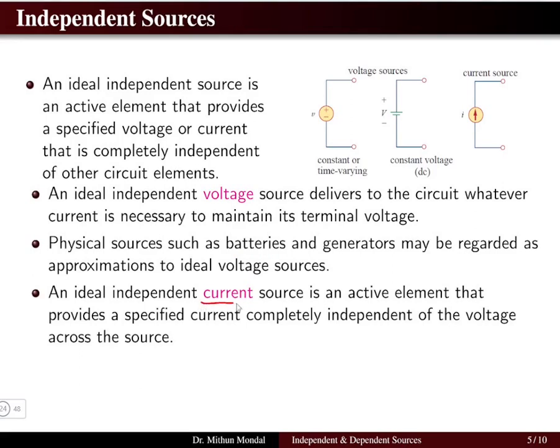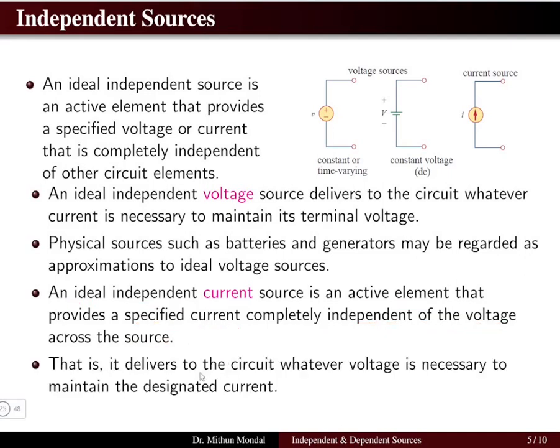Whereas if we take the current source which is independent and ideal, it is also an active element and it is producing or providing a specific current completely independent of the voltage across the source. So whatever may be the voltage across the source, the current will be constant and as specified.